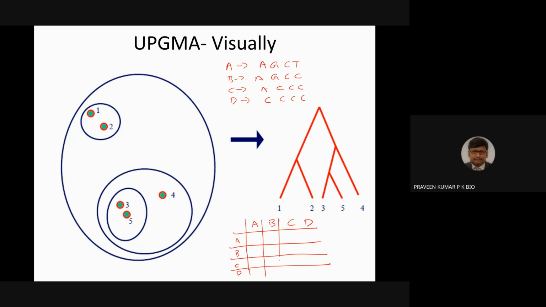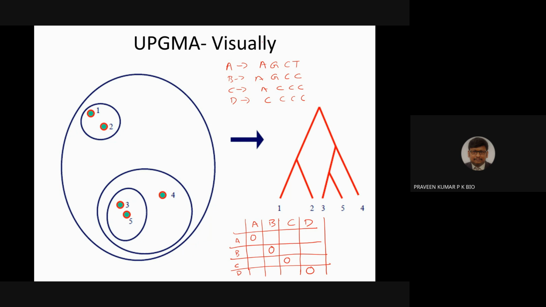According to the theory, initially you fill the lower triangular matrix, so you have to fill the diagonal as 0. After filling all these elements as 0, I have to fill these values 1, 2, 3, 4, 5, 6. To fill these values, first we can compare A and B.